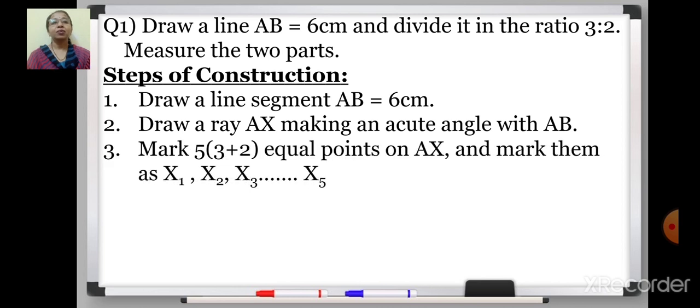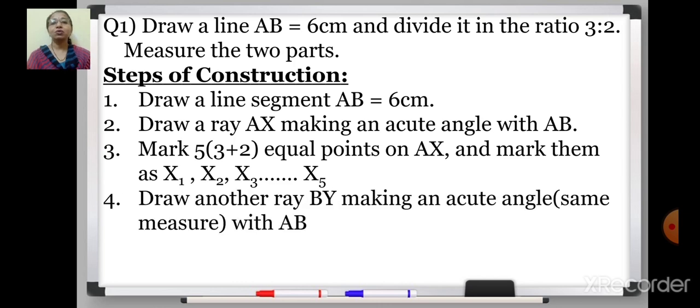Then because the ratio is 3:2, you just add them, 3 plus 2, so the total is 5. That means we have to divide that line in 5 equal parts. So you mark 5 points on that ray AX and name them as x1, x2, x3, x4 and x5.